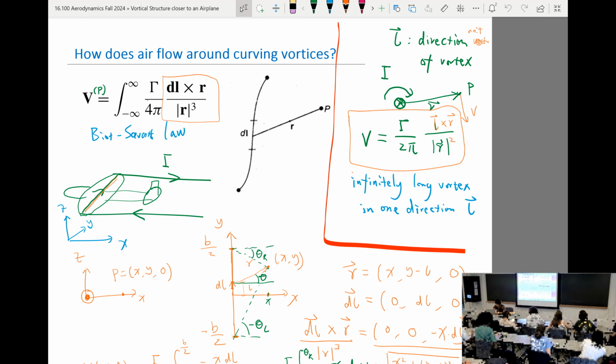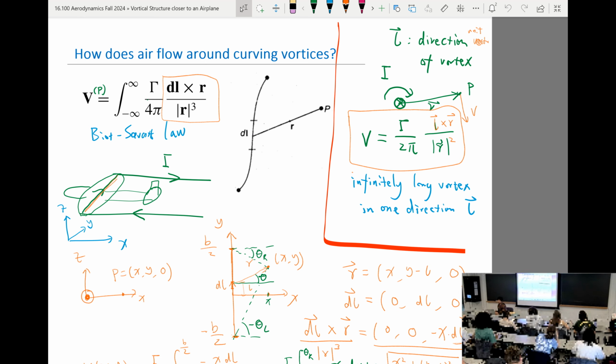Let me pull gamma over 4 pi out, and the integral is going to be integrating dl from minus b over 2 to b over 2 of, let me just look at the z velocity, because we know the x and y velocity are both 0. I have minus x dl divided by square root of x squared plus y minus l squared, cubed.